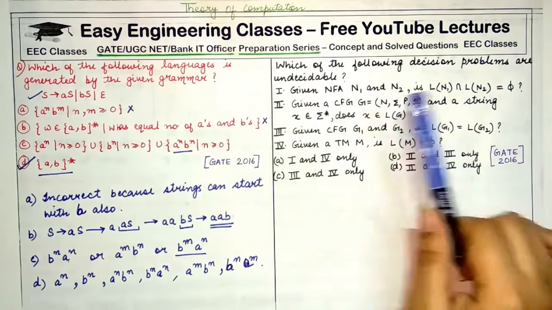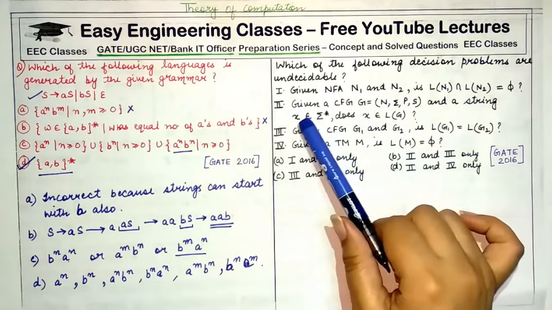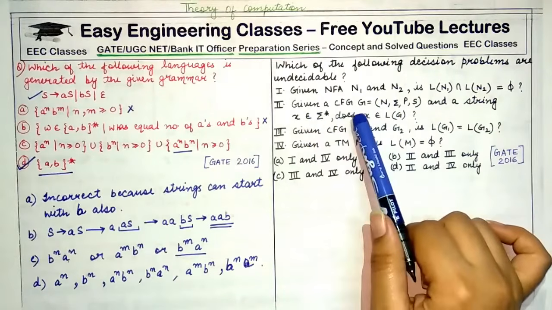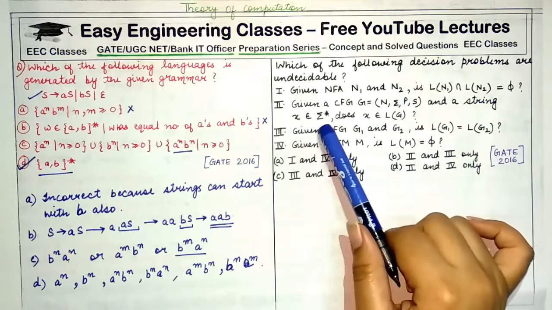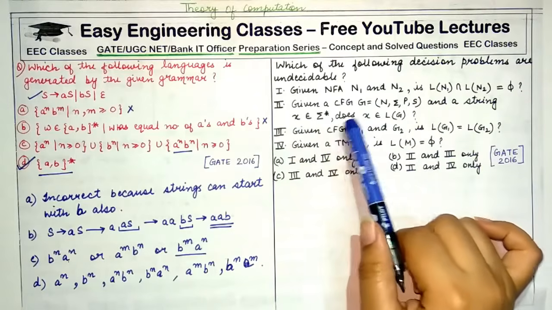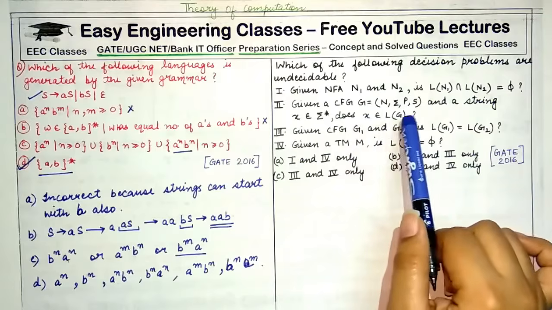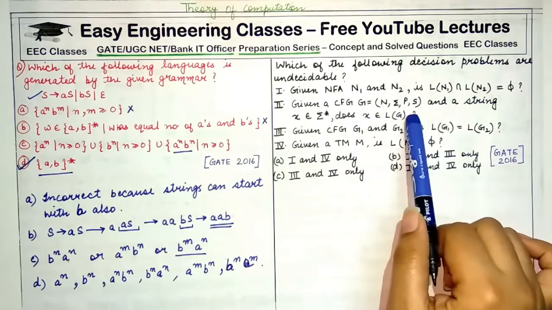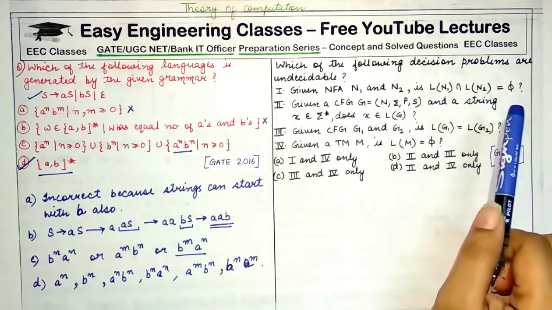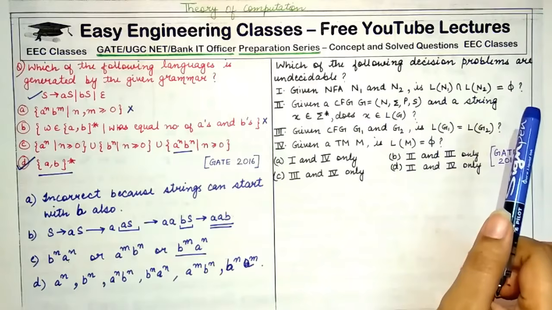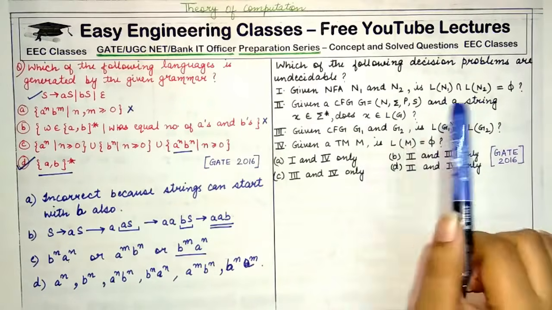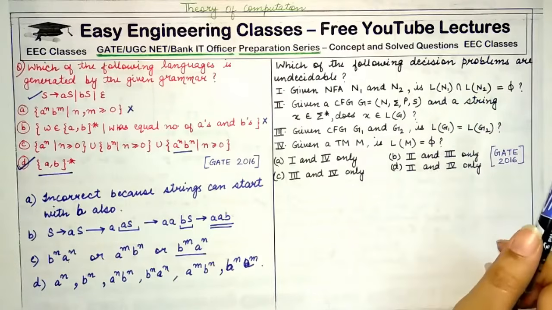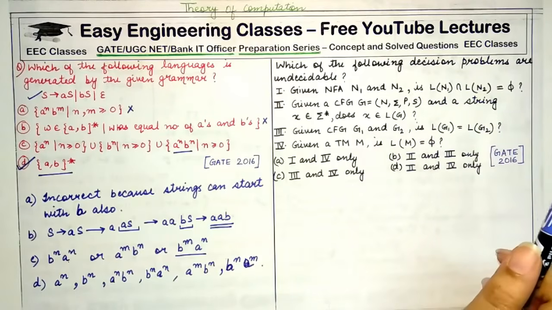You have to tell that, and you also have to tell: given a CFG G and a string X that belongs to sigma star, does X belong to the language generated by the grammar? So basically it is asking that if you are given a string over the alphabet and a CFG, you have to tell whether the string is a member of that language or not.